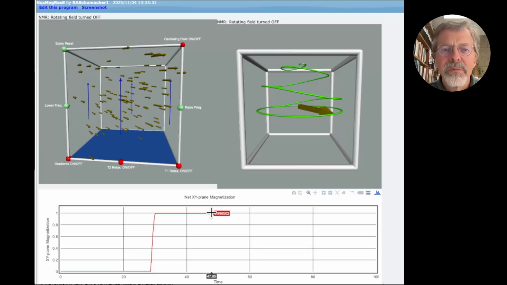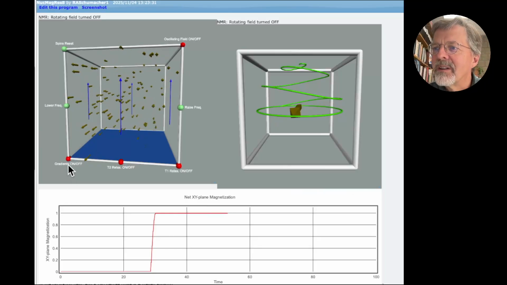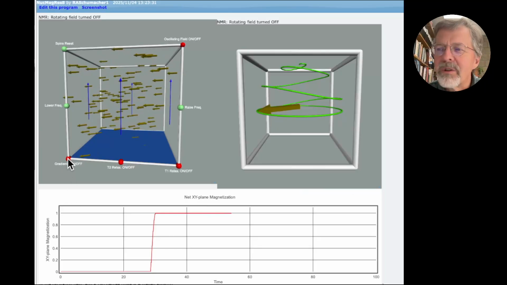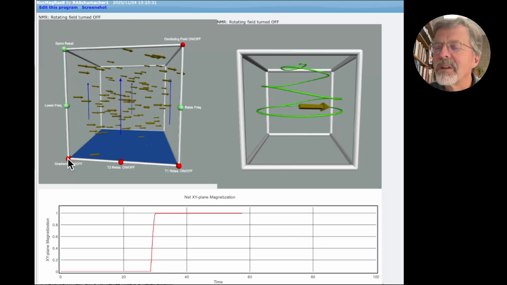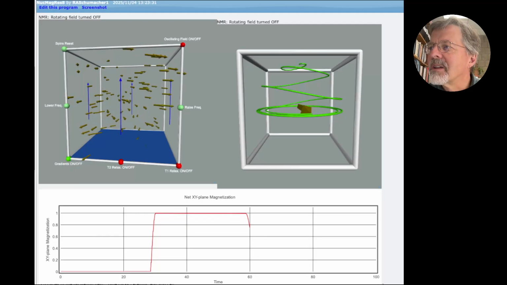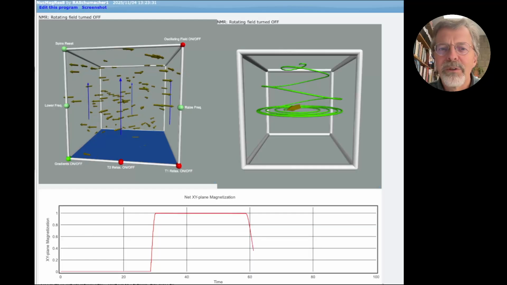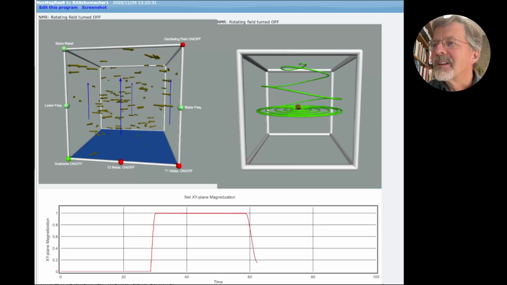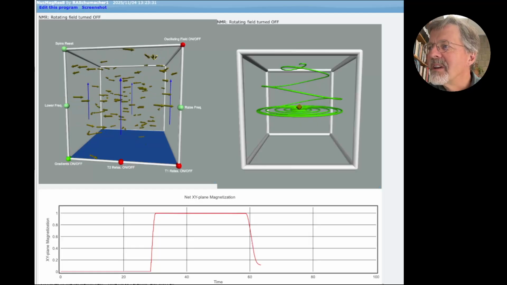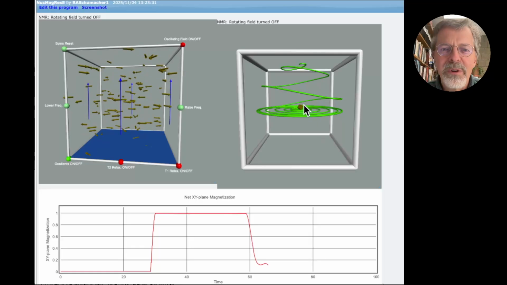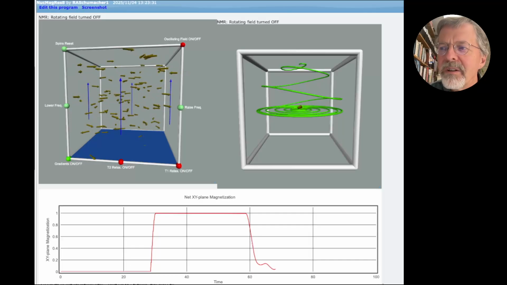But now let's suppose we turn on the gradient, which in the real world is there all the time, but which we can now selectively turn on by clicking this button. Ready, and boom. Turn on the gradient, and notice how the spins are now getting out of step with each other, and the net magnetization, as computed as the vector sum of all the individual spins, quickly deteriorates to 0.